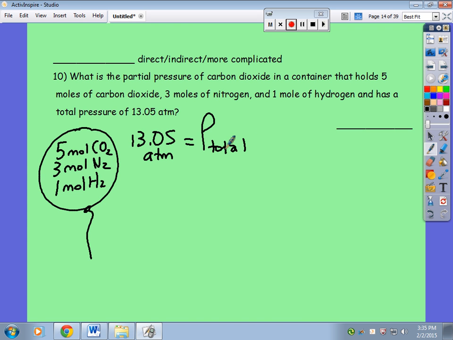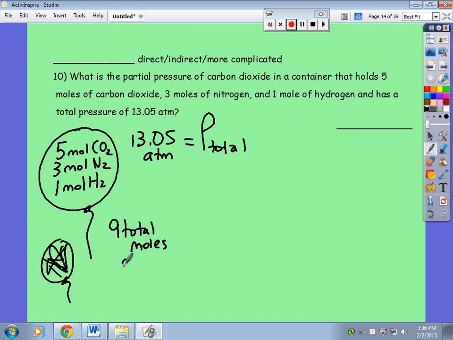And what do they want to know? They want to know what's the partial pressure of carbon dioxide. Well, we're going to go ahead and find the partial pressure of everything, okay? So how do you do this? Again, if you don't know how to do these problems, you can go ahead and look at the other podcasts. But if you look at this, why does a balloon stay inflated again? It's because all the gases inside are hitting the walls. So how many total moles are here? Well, 5 and 3 and 1 is 9 total moles.